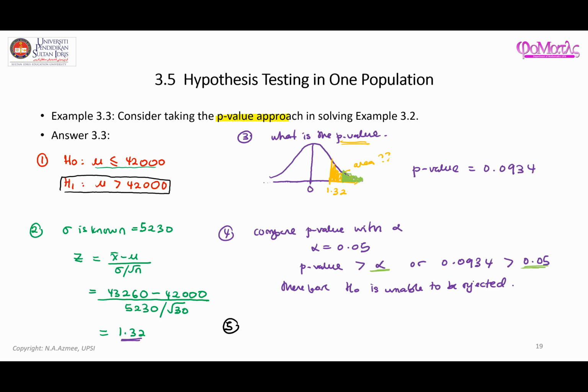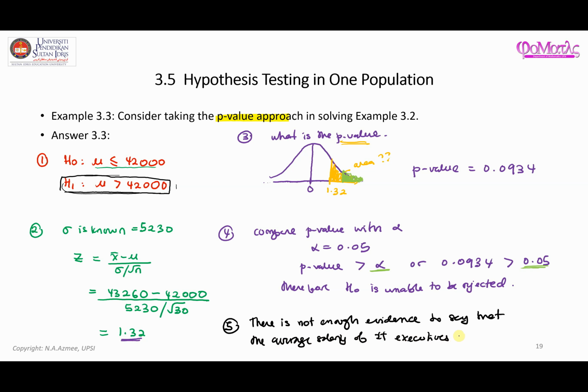Since we cannot reject the null hypothesis, we will say that there is not enough evidence to support the alternative statement, to say that the average salary of IT executives is more than 42,000 ringgit Malaysia a year.